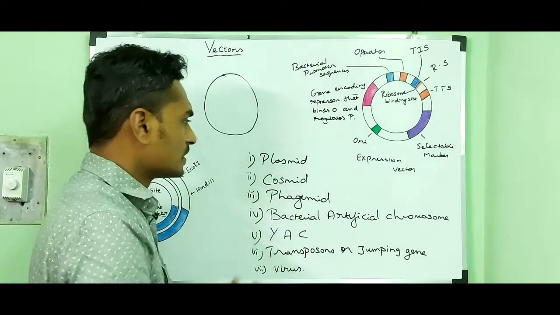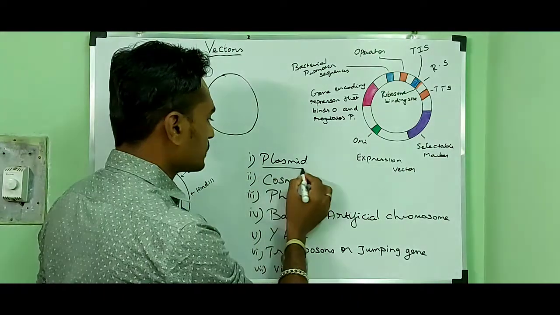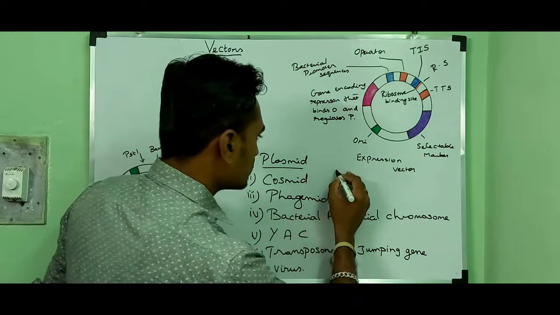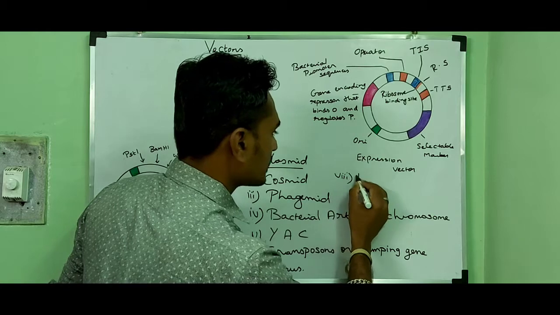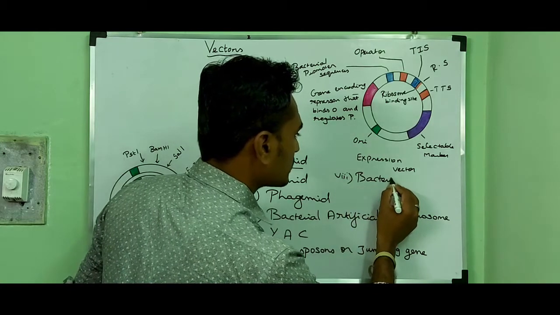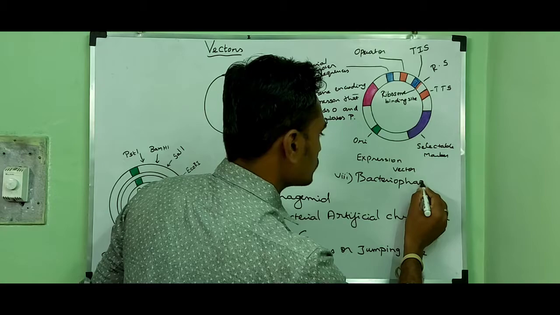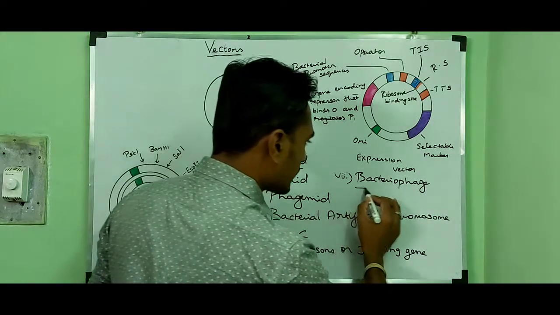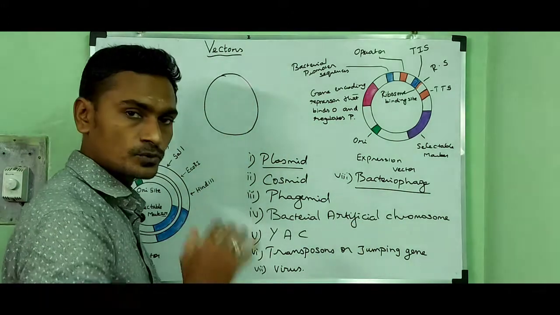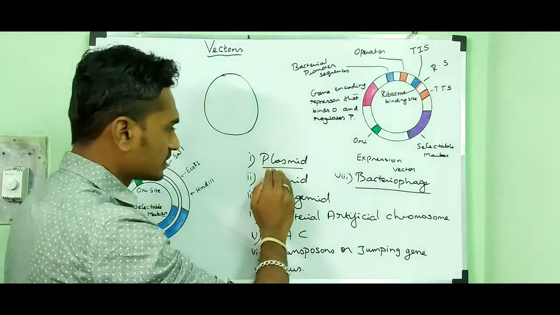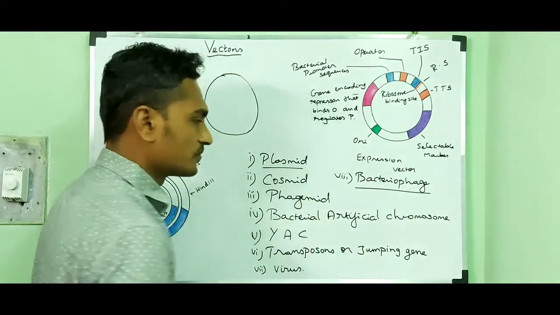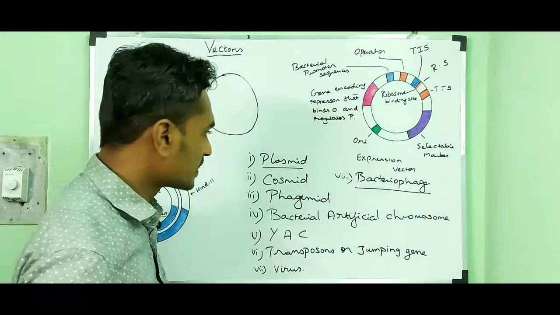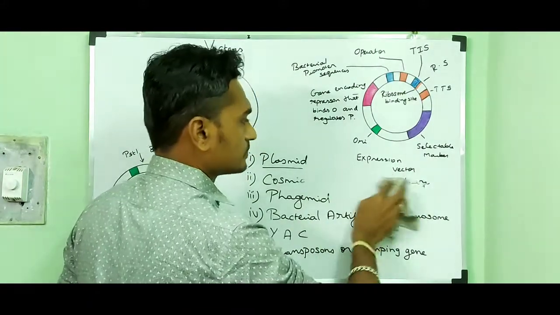One more I have missed, bacteriophage. Another vector is called bacteriophage. So the most commonly used vectors are plasmid and bacteriophage. Then vector can be classified into two types based on their mode of action or function.